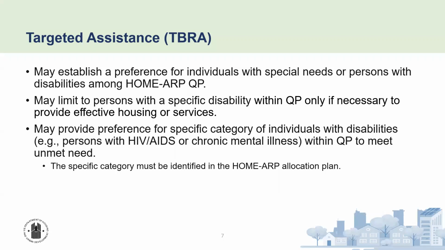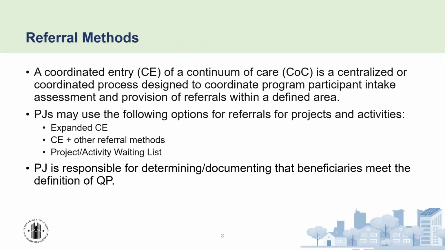So if the specific category is identified in the PJ's HOME-ARP allocation plan as having an unmet need, and the preference is needed to narrow the gap in benefits and services received by such a person, the PJ could do that, right? The specific category, however, must be established and identified in the PJ's HOME-ARP allocation plan. Next slide, please.